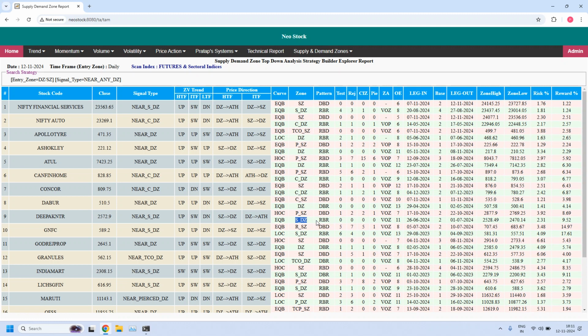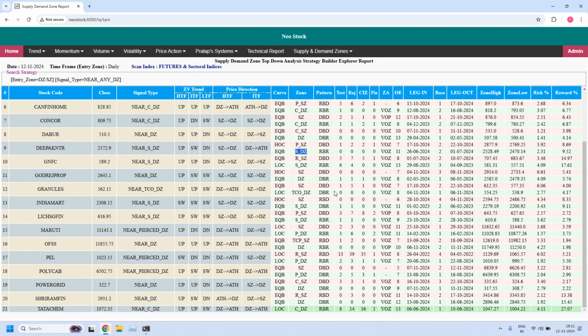Next one is Deepak Nitrite. Next one is ZNFC. Next, India Mart. Next, LIC Housing Finance.